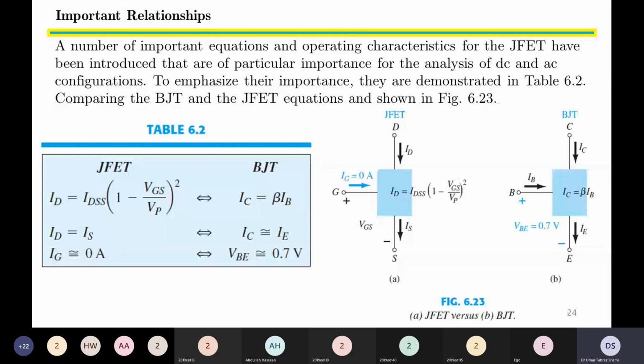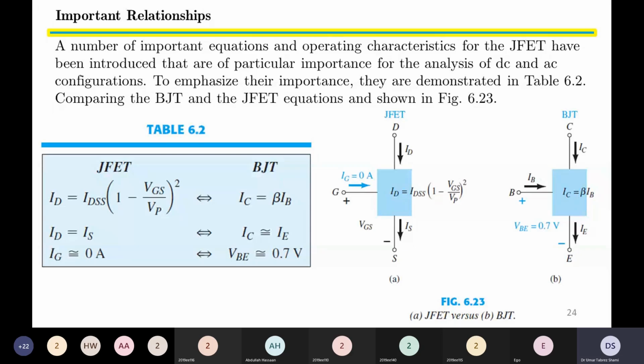In a JFET, since there is no junction between drain and source, the drain current is equal to the source current. And in a JFET also, since the gate source is reverse biased, there is a very large impedance between gate and source, and the gate current is approximately 0.